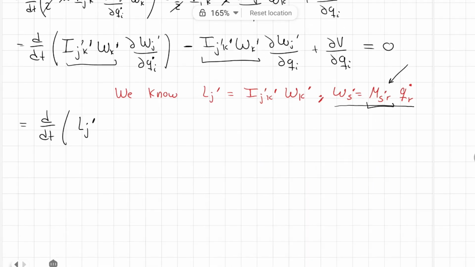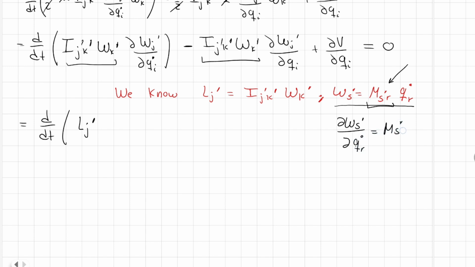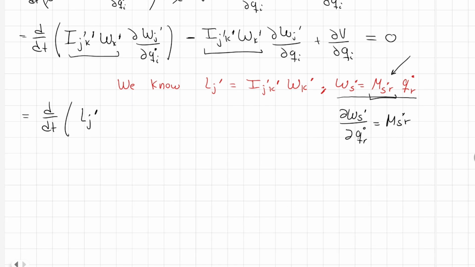So if we have the derivative of omega s prime with respect to qr dot, we get msr. But here we have the derivative of omega j with respect to qi dot. So that means that this will be an m, but with the indices ji. Okay? Perfect.